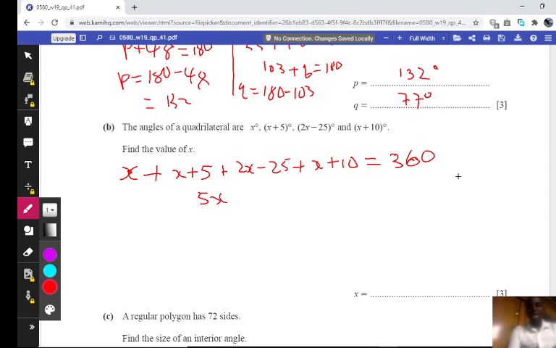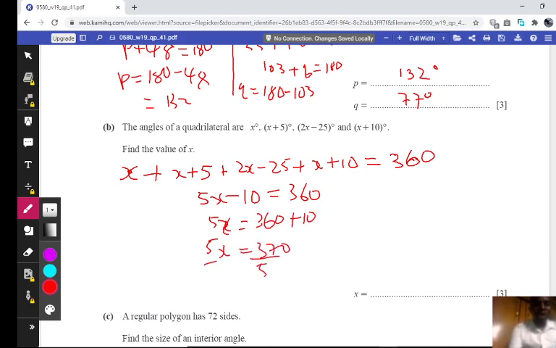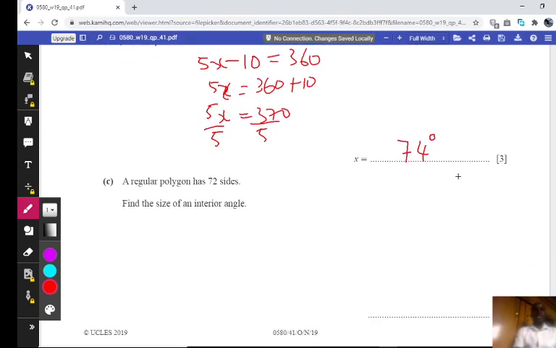Minus 20 plus 10 will be minus 10. Minus 10 here is 360. Then 5x is equal to, collect like terms, 360 plus 10, 370. You divide by 5 both sides. So 370 divided by 5, what do you get? You get 74. So x is actually 74 degrees. Then you are done.